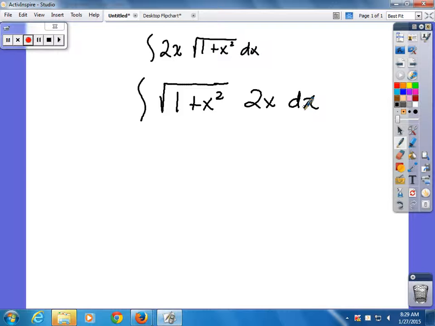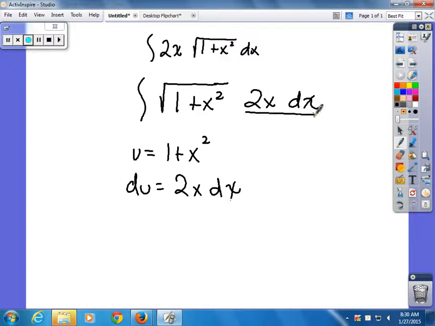Now, you always want to take the inside and make that u. u is equal to 1 plus x squared, therefore du is equal to what? 2x dx. We already have 2x dx. So technically we have the square root of u du. We have the antiderivative of the square root of u du.